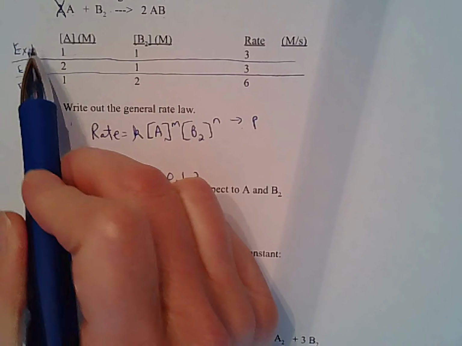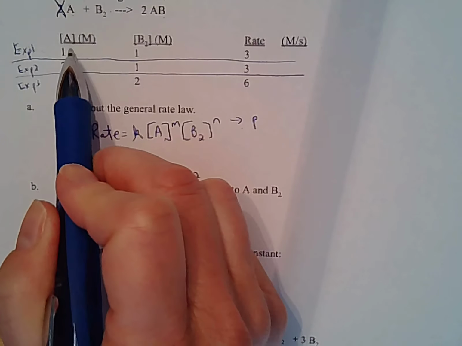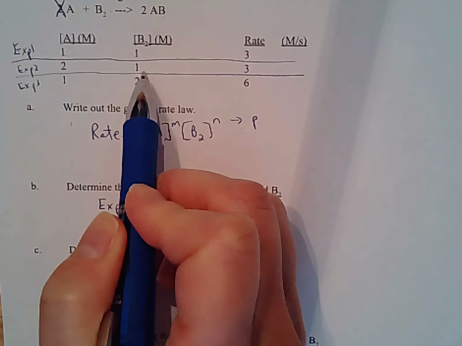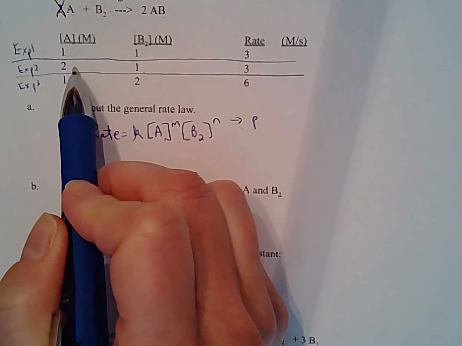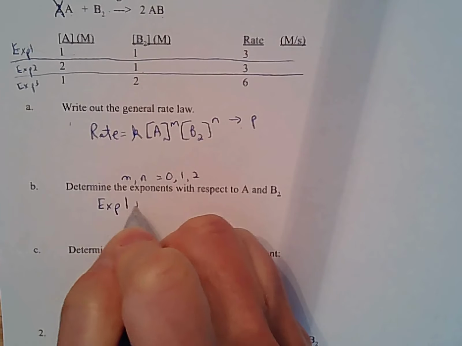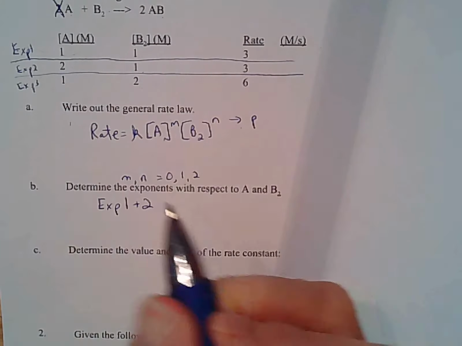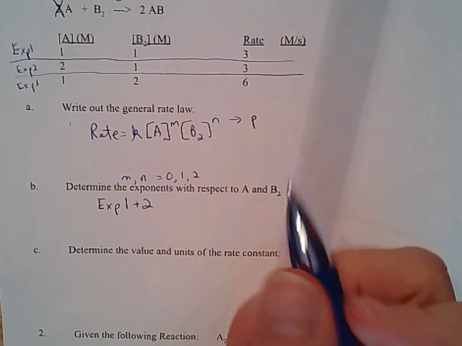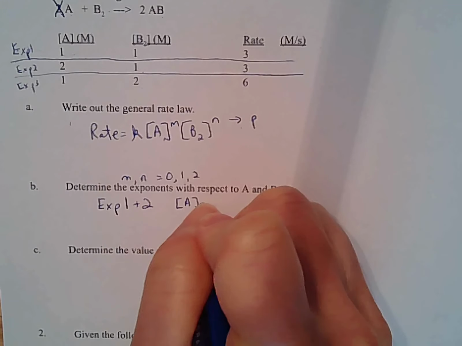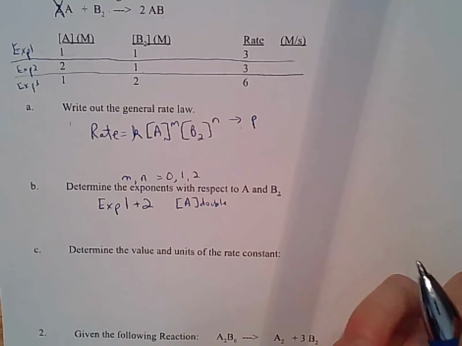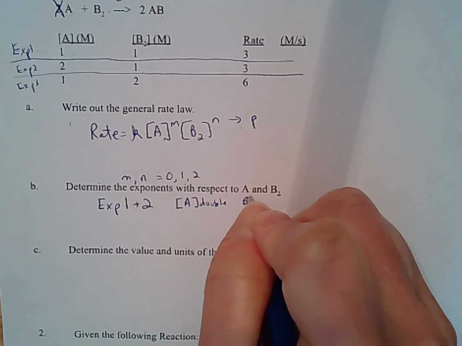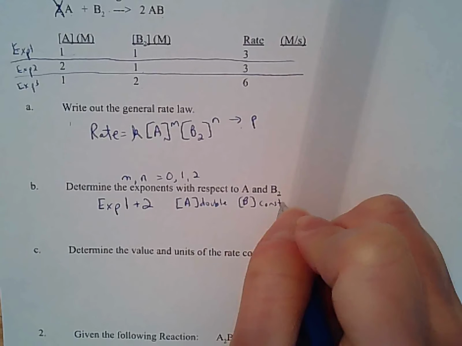If I look at experiment 1 and experiment 2, A is going up by a factor of 2, so it's doubling, and B is staying the same. That means whatever I'm doing to A is going to affect the rate. So I'm going to write down experiment 1 and experiment 2. I see that A is doubling, so write down A in brackets, and you could write down double. I doubled A, and I'm keeping B constant, so write down B is constant.